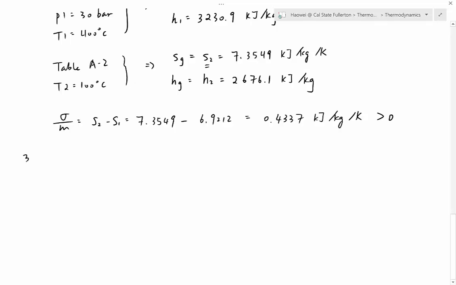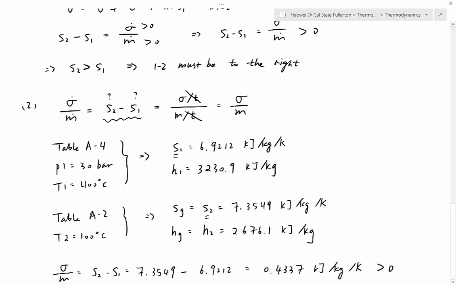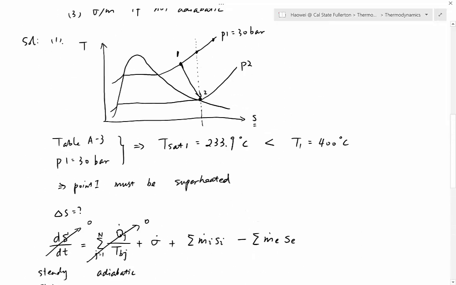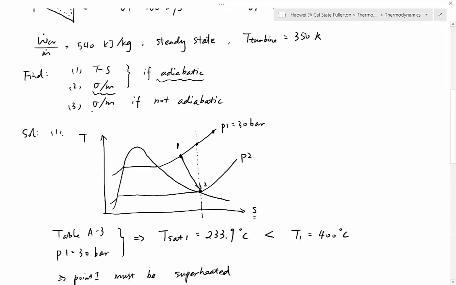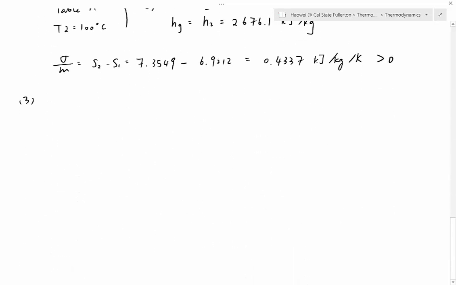And then part 3. What is part 3? Part 3 is to look for sigma over m again, but this time the process is not adiabatic. So heat transfer is no longer 0. Okay, so what we do is the same. We start from the entropy rate balance equation for a control volume again. Left hand side is dS over dt. It's capital S here.